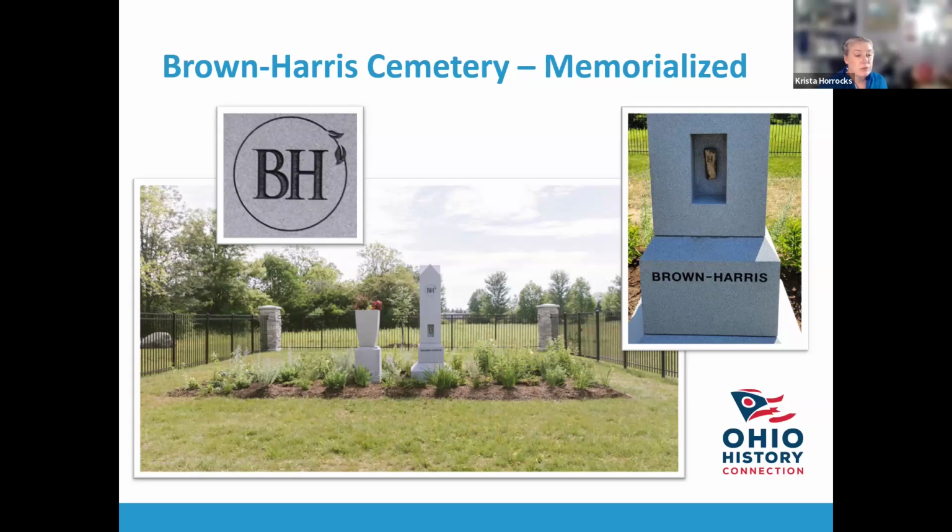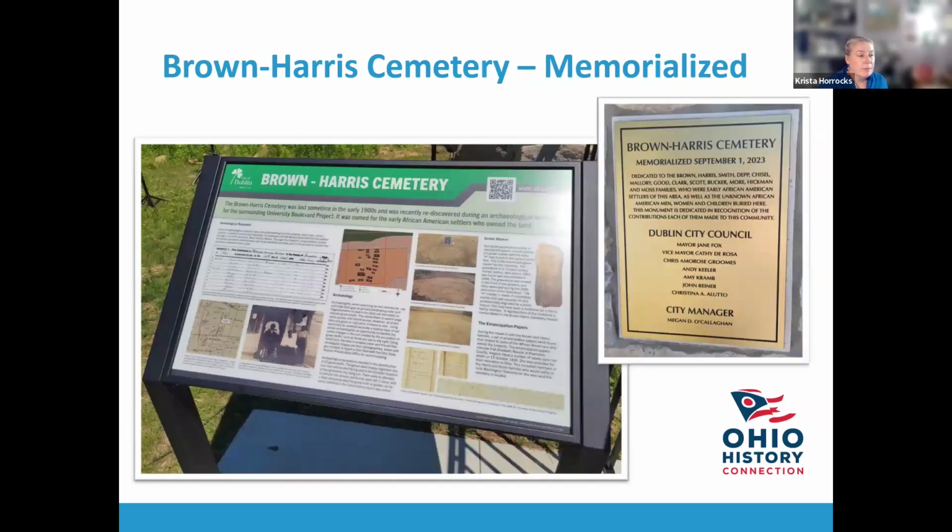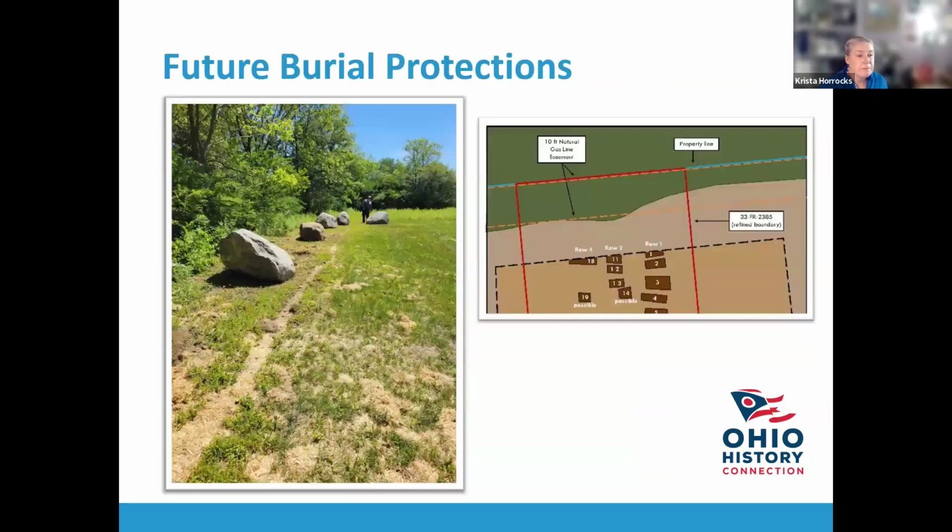The original footstone fragment is on display at a local elementary school in Dublin that is named after another notable African-American member of the Dublin community. Plaques and signage were installed to educate the public on how the cemetery was discovered and the importance of the African-American families who once lived in this area.